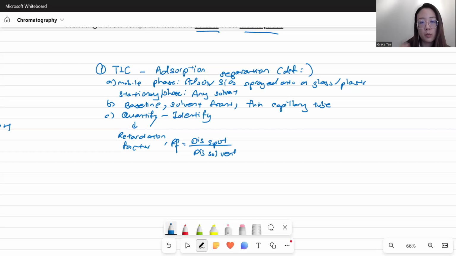You need to match with a library, a reference table given. Now, part 4, high RF value means the compounds are more soluble in the mobile phase.